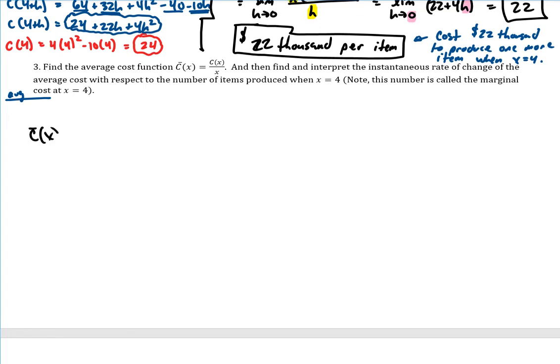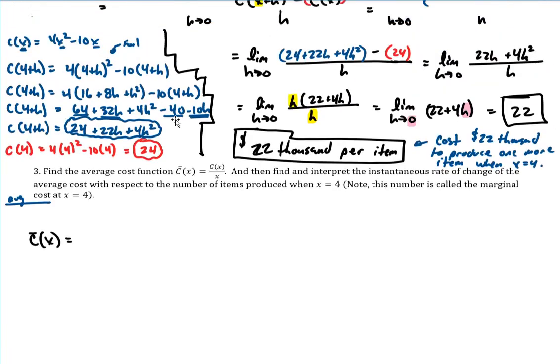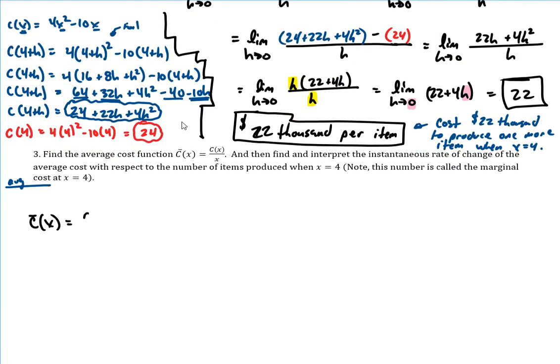Okay, so our average cost function is our C of x, which was 4x squared minus 10x divided by x. Well, this is a good case because it looks like we could factor an x out of the top, and we'd have 4x minus 10.